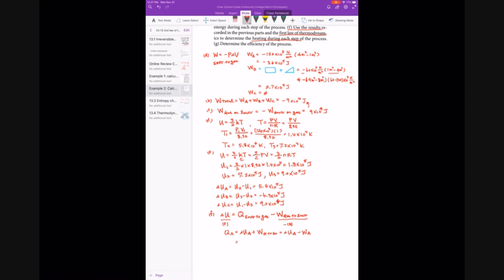Okay, so what is the change of thermal energy for A? That is 5.4 times 10 to the 5th joule. And minus, what is work of A? If you look at part A, this is going to be a negative 3.6 times 10 to the 5th joule. And that means this is going to be the sum of these two, and when you sum these two, you will get the Q, which is 9 times 10 to the 5th joule.